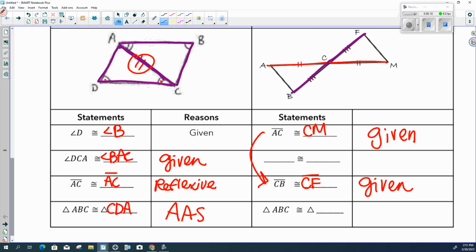Okay, so I've got side, side. I either need another side or I need an angle. The way that this picture is drawn, I've got my vertical angles. They're going to be congruent. And I name them ACB, and it's congruent to MCF.